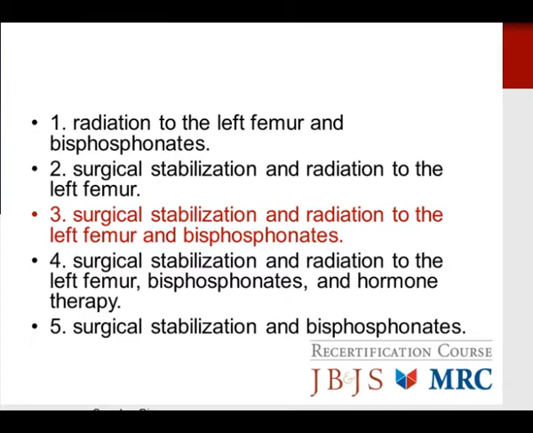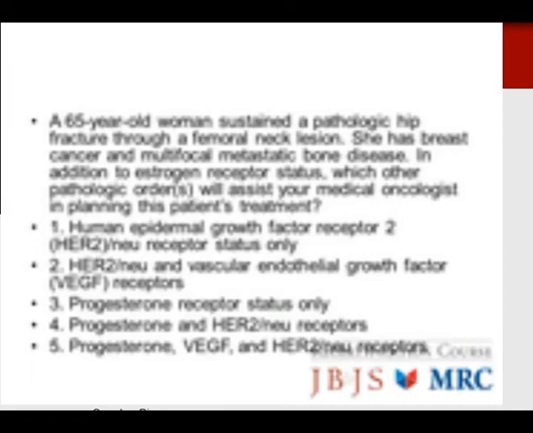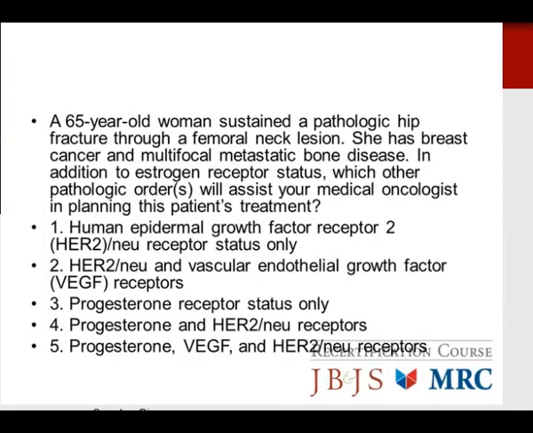Here's an example of where that may come into play. A 65-year-old woman who sustained a pathologic hip fracture has breast cancer and multifocal metastatic lesions. In addition to estrogen receptor status, what other test will help the medical oncologist? The appropriate answer here is number 4, progesterone and HER2/neu.